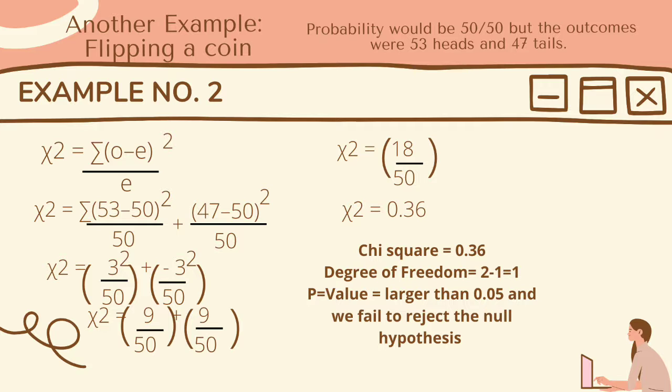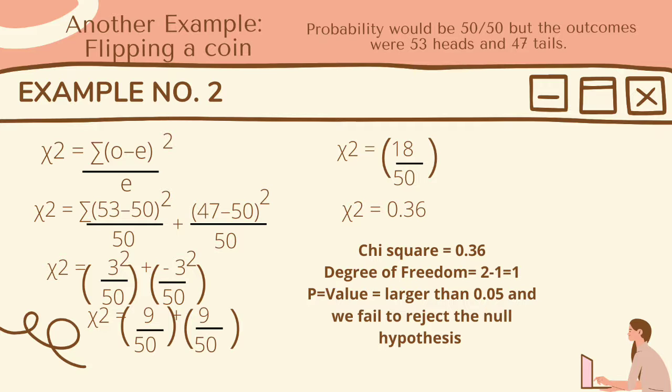So, aton siya i-calculate gamit ang formula. Ang formula kay chi-squared equals the summation of observed value minus expected value squared over expected value.